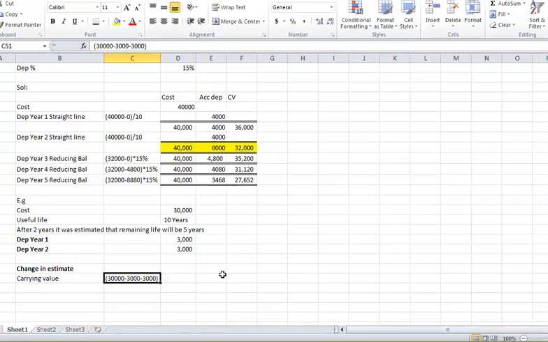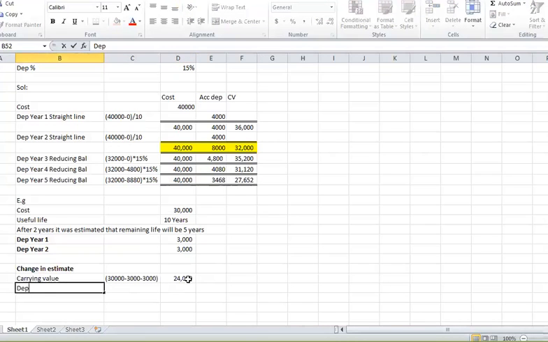The total depreciation is 6,000 pounds, and answer is 24,000 pounds. This is the carrying value. Now we are going to change the estimate. First of all, we have calculated the carrying value at the time of change in estimate. So we are going to change the estimate at the start of year number 3. So at the start of the year number 3, carrying value is 24,000 pounds.